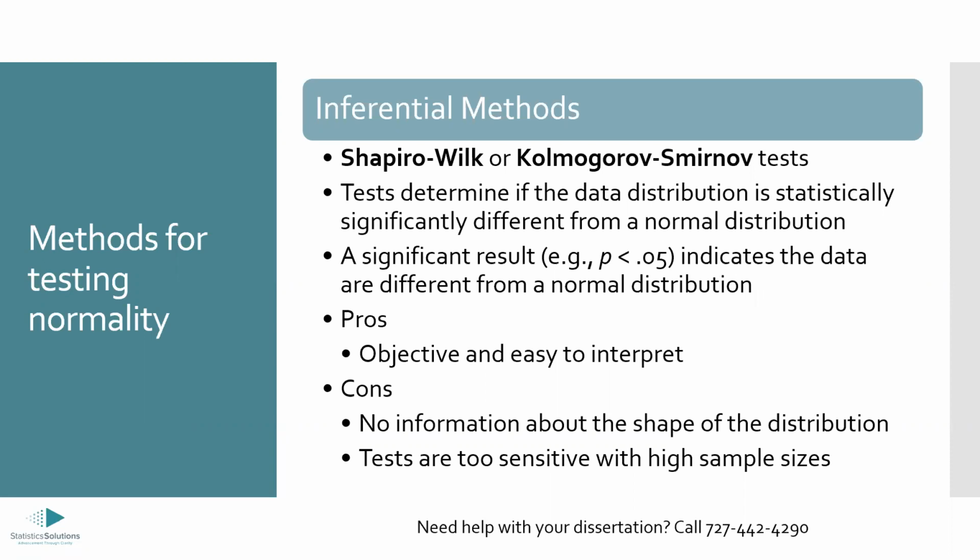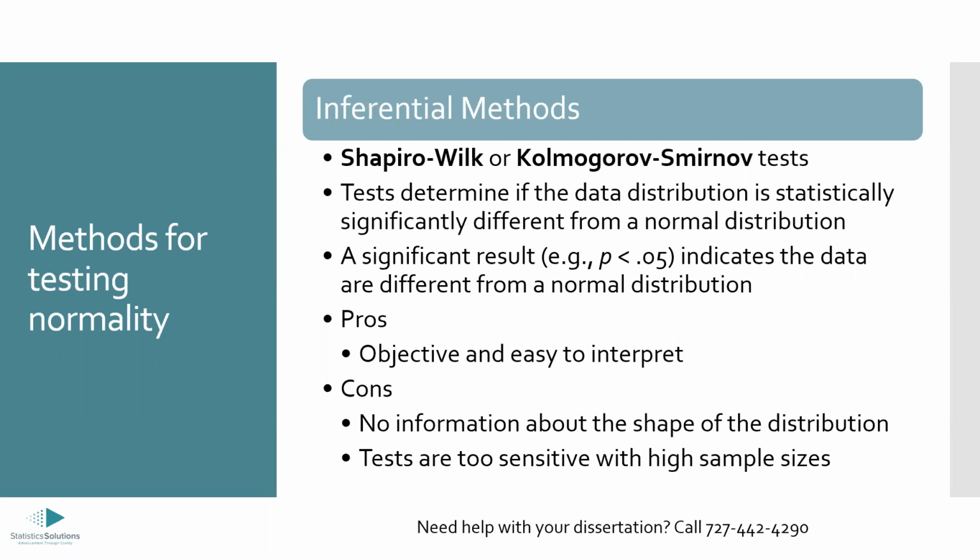And another significant disadvantage to these tests is that they tend to be too sensitive with high sample sizes. So like any significance test, the higher your sample size, the more likely it is to be significant. So if you have a very high sample size, then even the tiniest deviations from normality are going to be detected as significant by these tests.